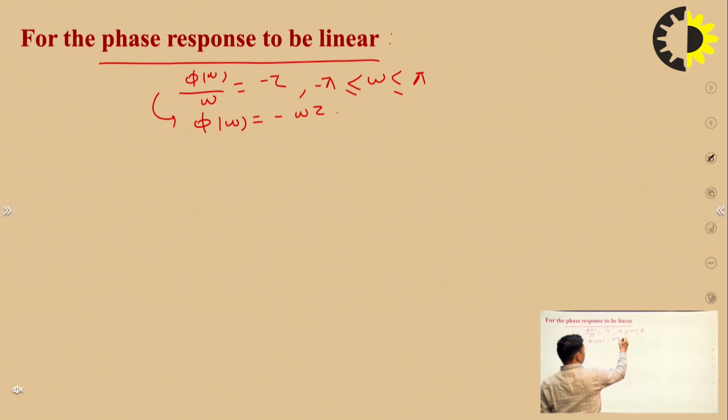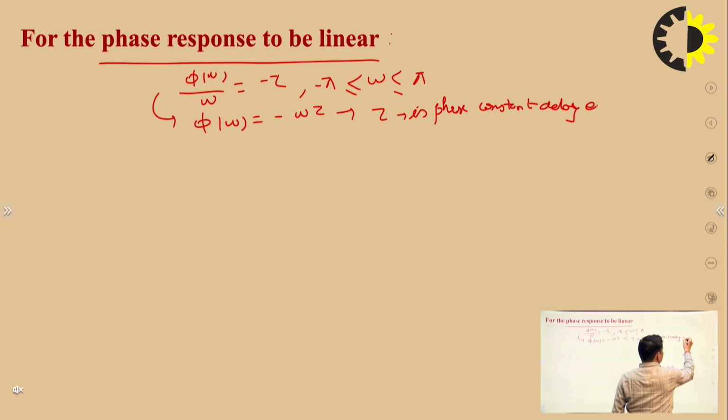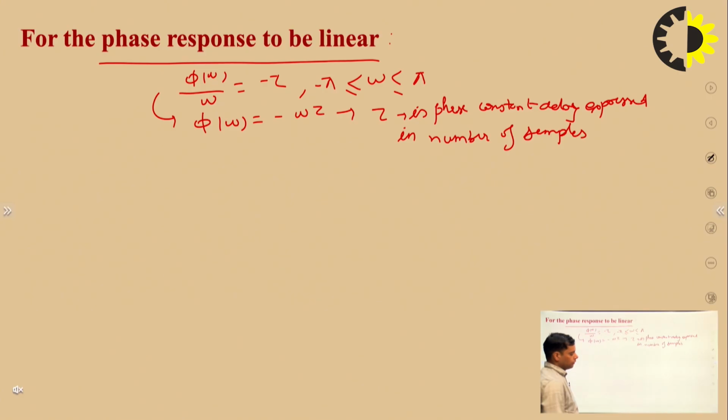This tau is a constant phase delay expressed in number of samples. Now we will evaluate it.